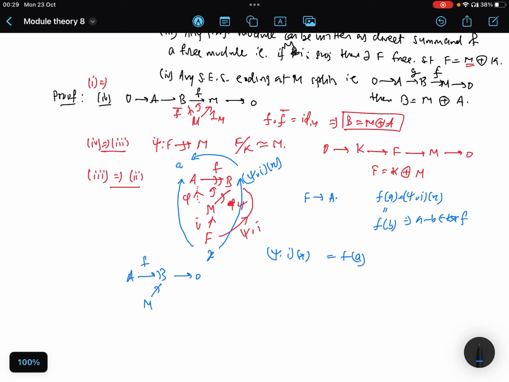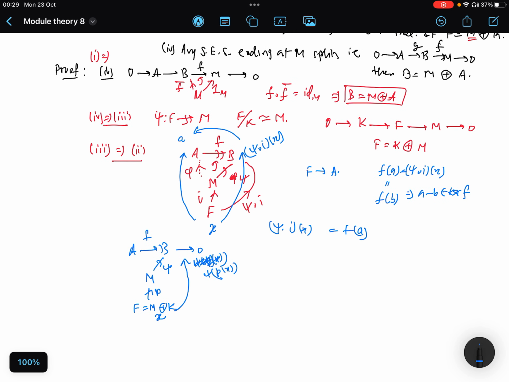We have a map from M to B. And so if you have any element x, we can push it to psi of x under the identification: first map x to M as projection, let's call it P. Then you map P of x under psi to an element of B, lift it to an element of A, and then from the universal property of a free module, you get a unique map from F to A.